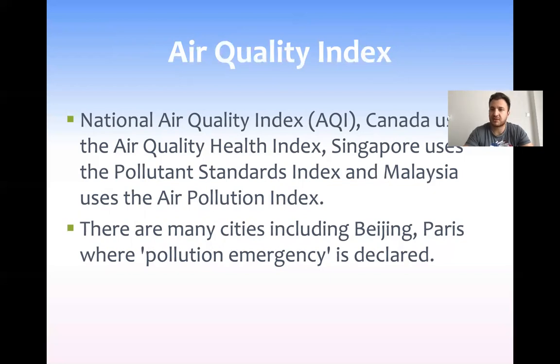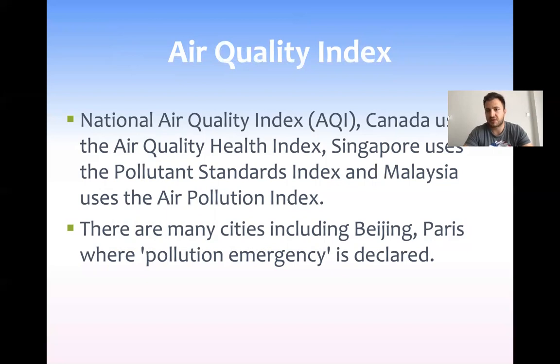Also, many other countries have a high amount of air pollution. For example, China. Because of this, they started declaring a pollution emergency, and they are trying to go to greener ways.